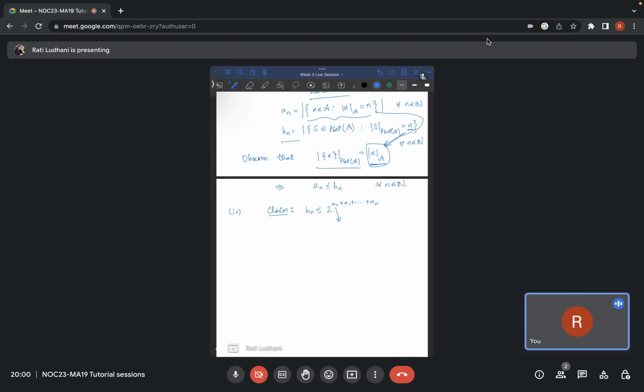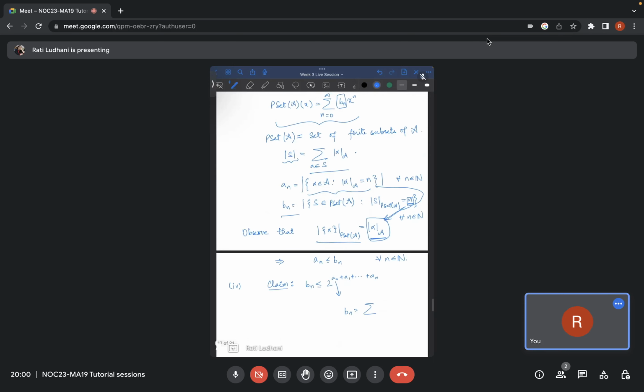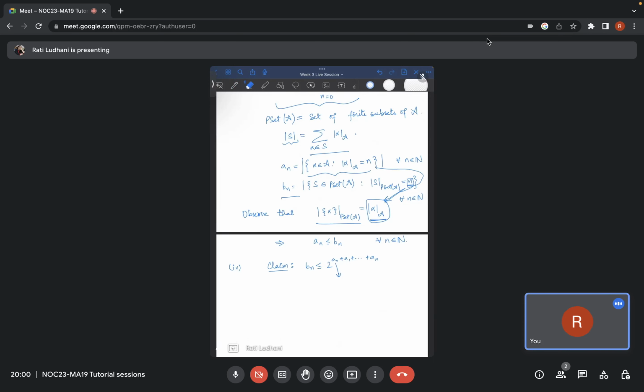So you know that the size of any element S in the power set of A is equal to the sum of all those alpha belongs to S, such that size of alpha is A.